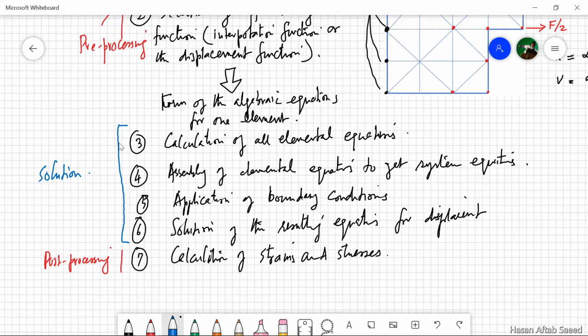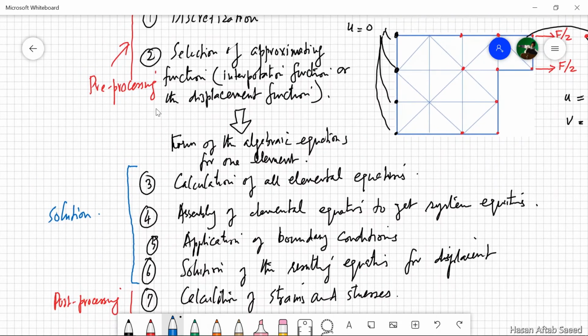As far as pre-processing is concerned, once you get the form of the equations, you store them in a library. Step 2 is just a matter of choosing that form from the library.